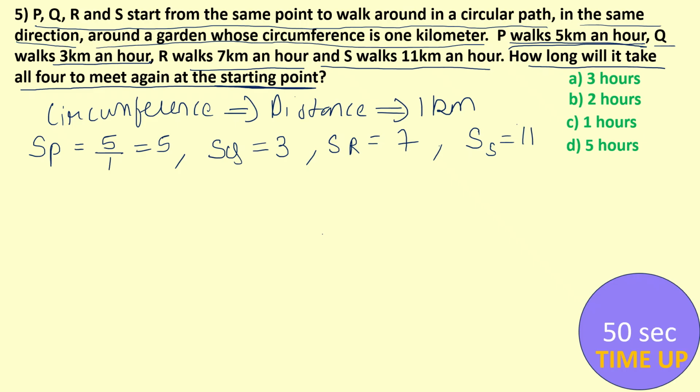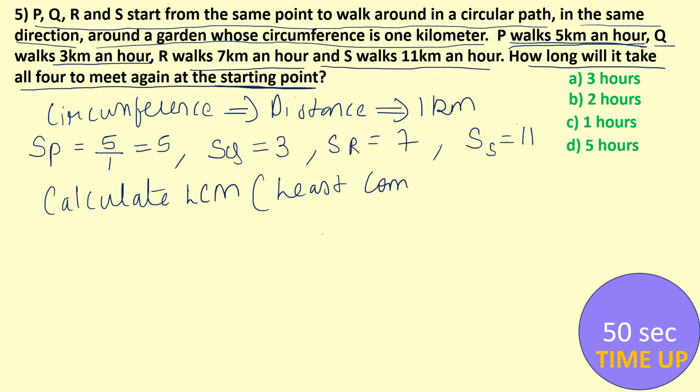Next, what have they asked to find out? The time. So to find out the time when they meet again at the starting point, you need to calculate the LCM, that is the least common multiple. So you need to find out the LCM.